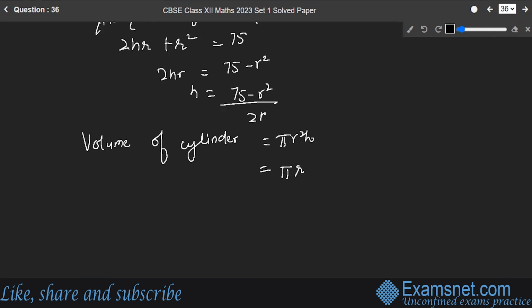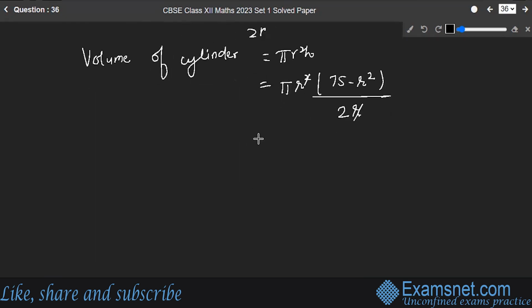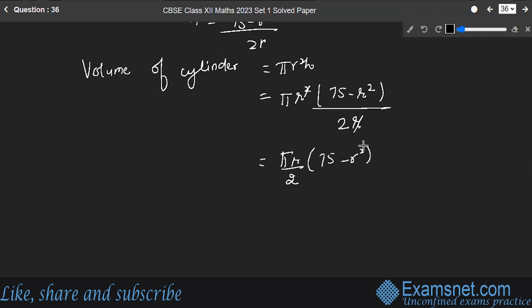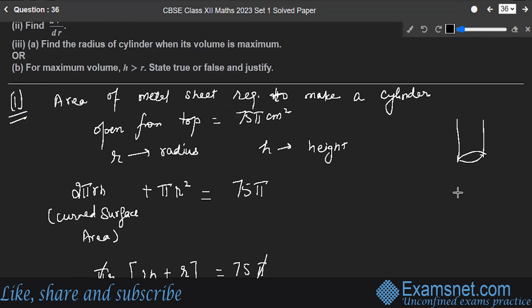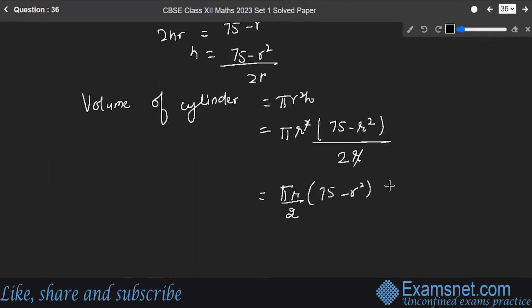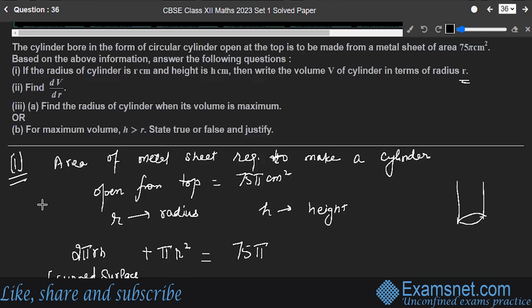So pi r square into h is given by this. This and this will cancel. You have pi r upon 2 into 75 minus r square. That's it. You needed to find out the volume of the cylinder in terms of the radius, and this is it. Hope you understood. Let's move to the second part.